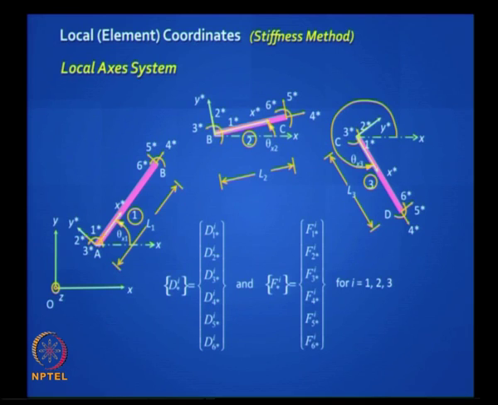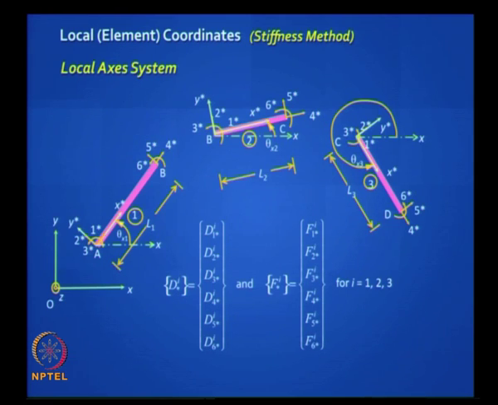Next, you will recall we defined the local axis. In this particular plane frame example, you have 3 elements and we have the local coordinates, the local axes. You have 6 degrees of freedom per element. So you have the element displacement vector, the element force vector, and we use some superscripts and subscripts to clarify.